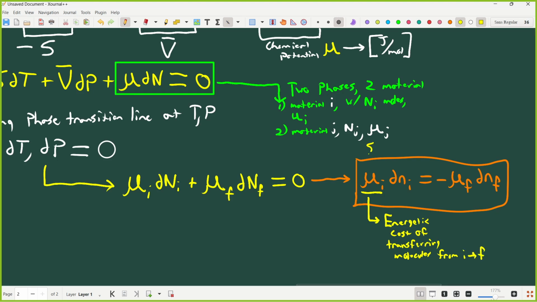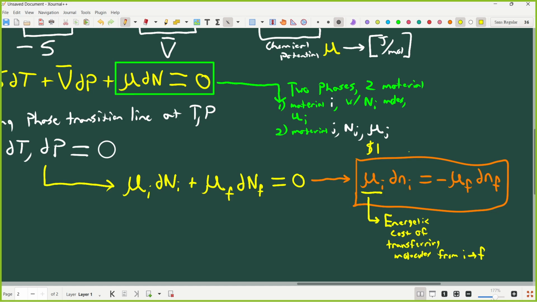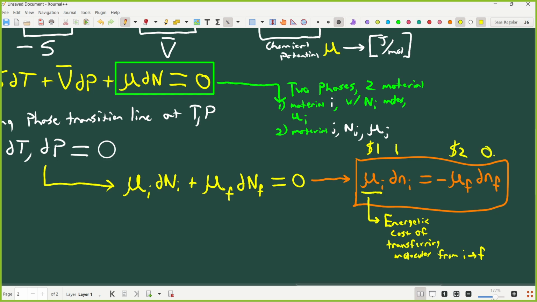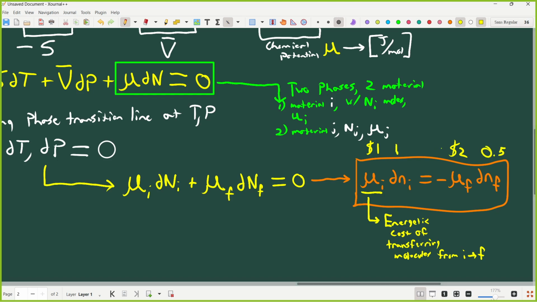So if it costs $1 per one molecule and it costs $2 here and I move one molecule over, then I only get 0.5 molecules on this side, right?